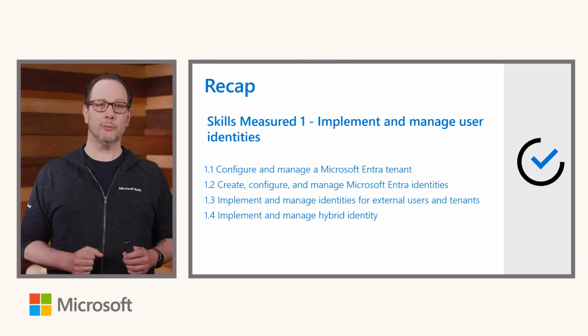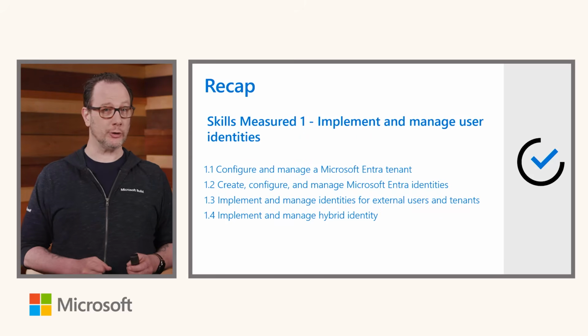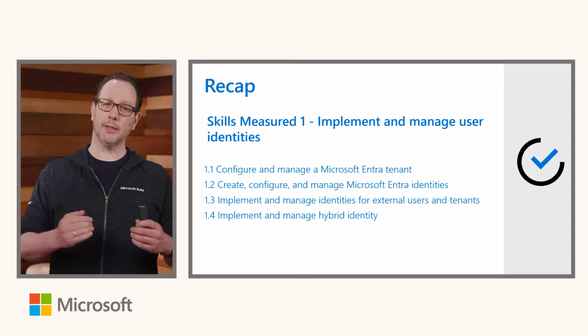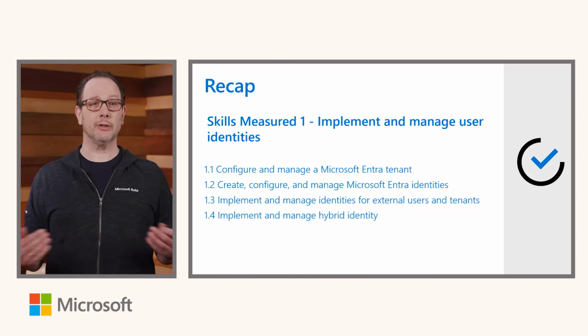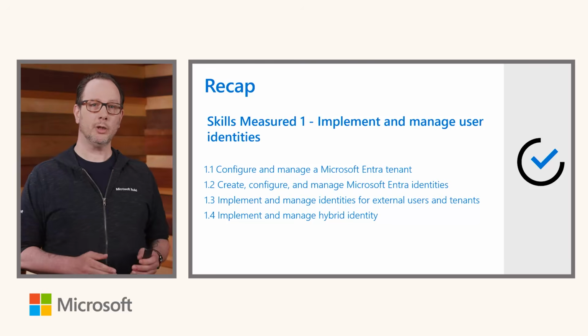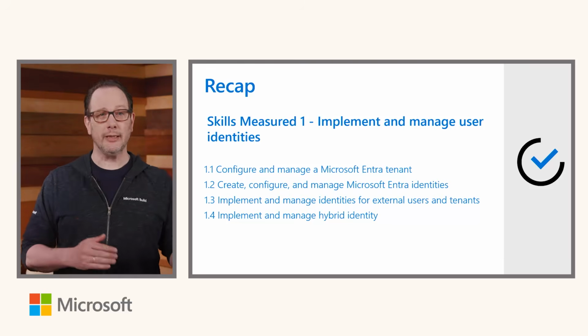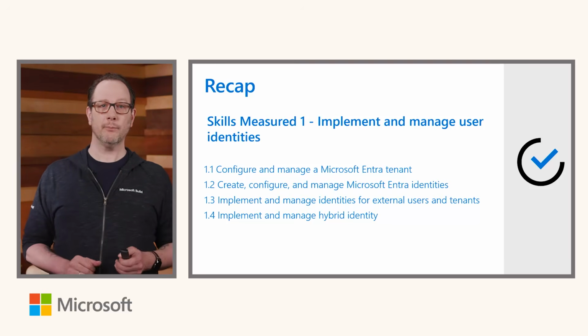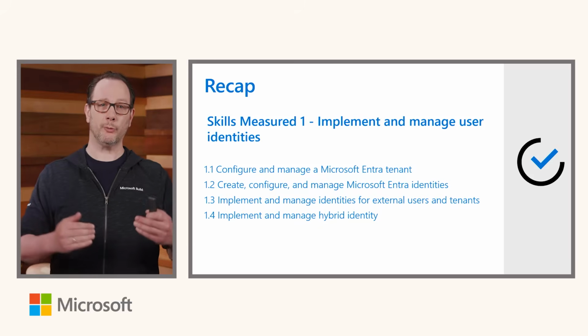Next, we talked about how to implement external users and tenants, and then closing with several hybrid identity-specific information. Remember, this group accounts for 20 to 25% of the exam, so keep that in mind when preparing for the exam.